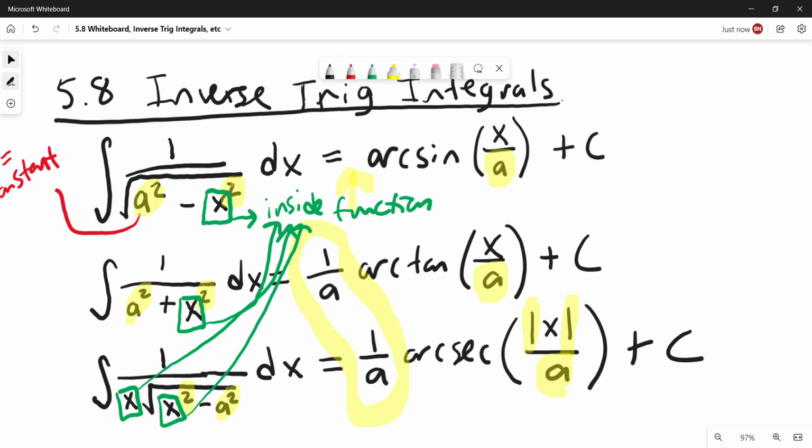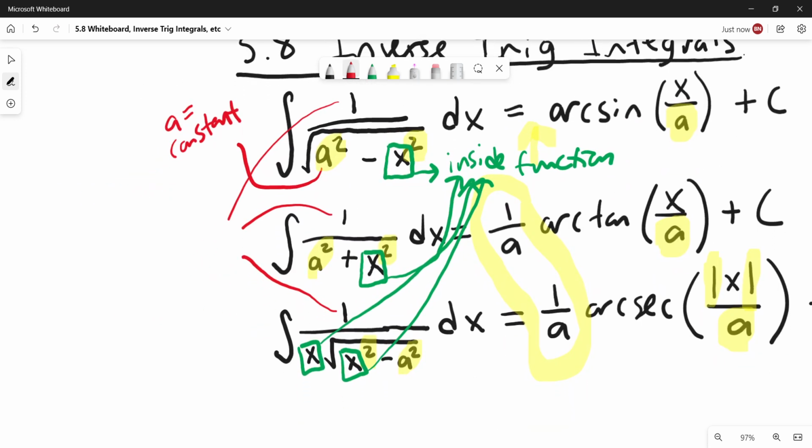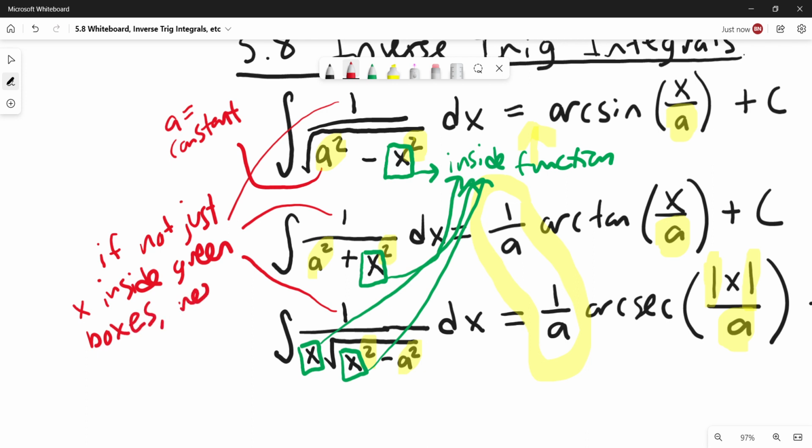Again, if it's not just an x inside these green boxes that I drew, you're going to need the derivative of that u, u prime or du dx, in the numerator here.